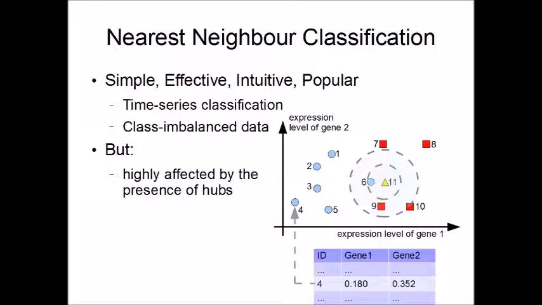Furthermore, it has been suggested that the presence of hubs is one of the recently explored aspects of the well-known curse of dimensionality. Therefore, in the next video, we will review the curse of dimensionality, and subsequently we will talk about the presence of hubs and their detrimental effect.